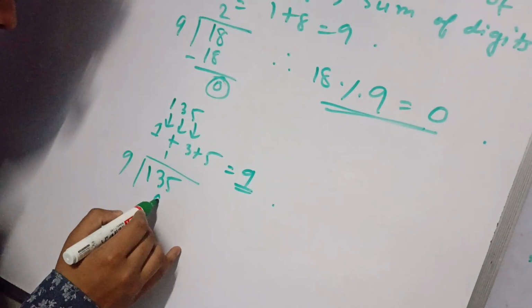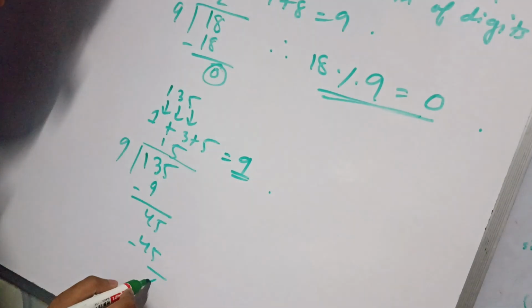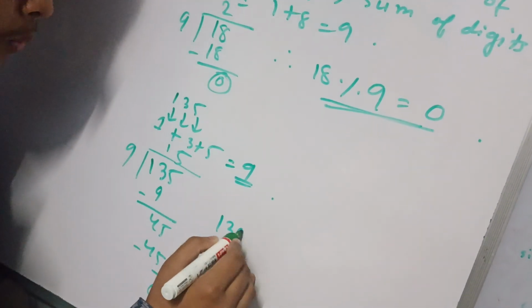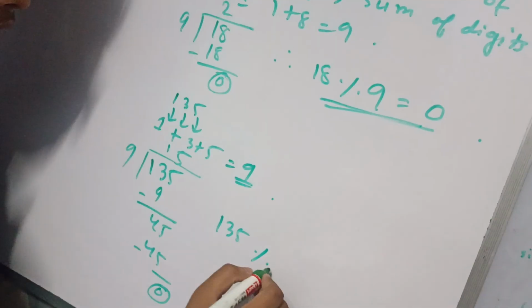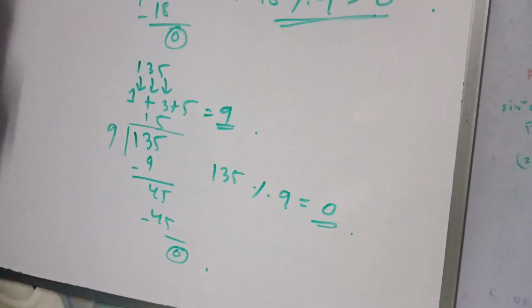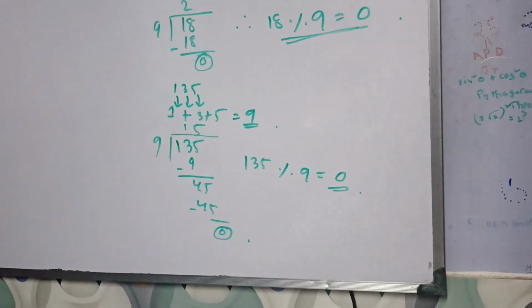It's completely divisible, so 135 mod 9 equals 0. So here also the number is divisible by the sum of its digits.